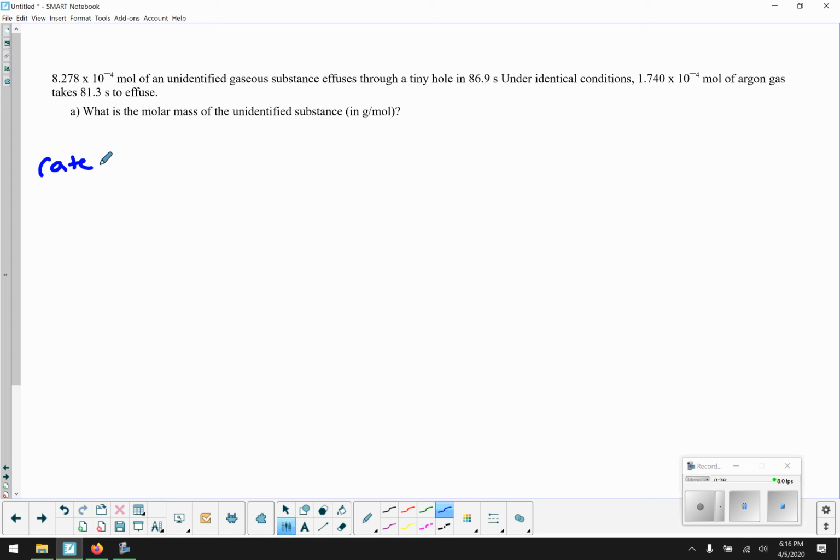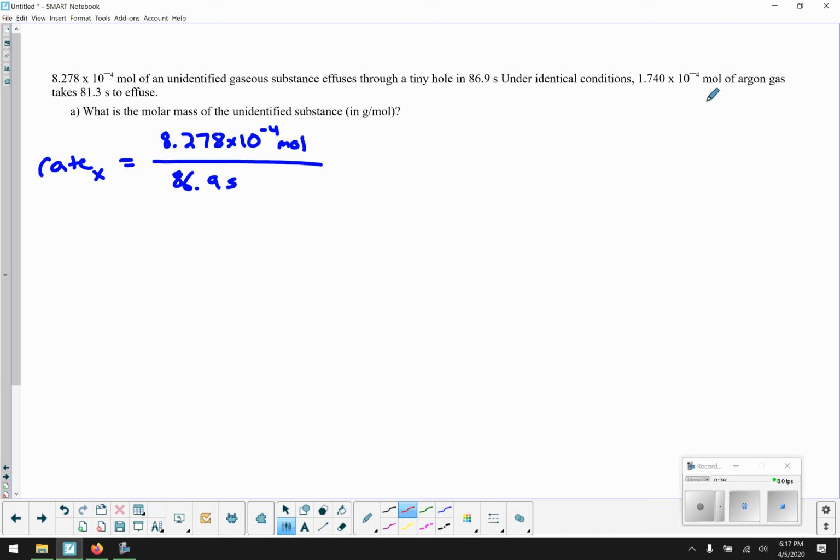The rate of, I'm going to call it gas X, because you can still use X because it doesn't represent an element, equals 8.278 times 10 to the negative fourth moles per 86.9 seconds. It's an ugly rate, but it is nonetheless a rate.